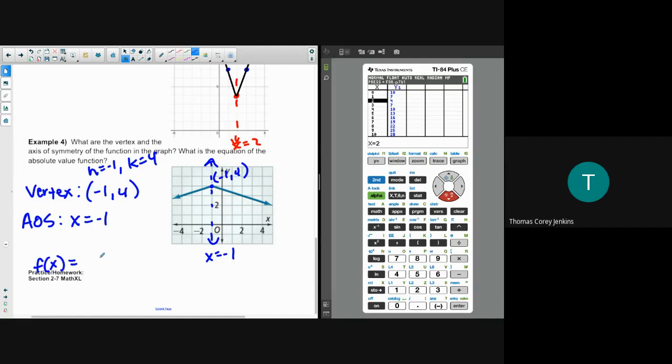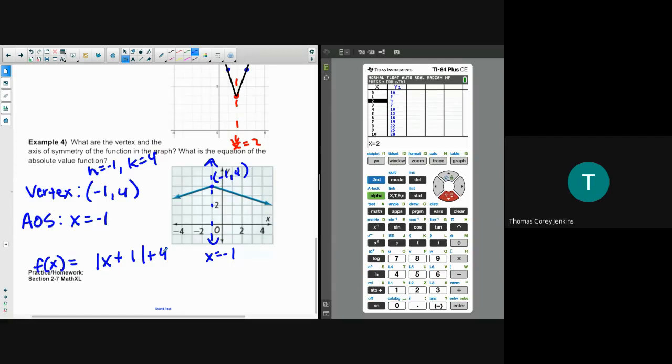So just based on that information, we would know it's absolute value of x minus negative 1, so plus 1. Hopefully that looks right when it pops up. There you go, x plus 1, and then plus 4. So we know we have that based on where the vertex is.